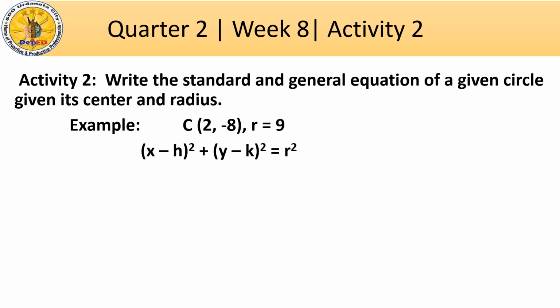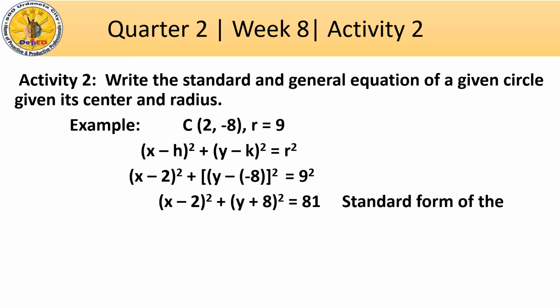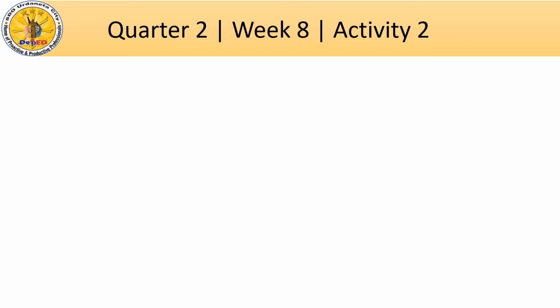Using your standard form, by substituting the value of h and k, we have the quantity x minus 2 squared plus the quantity y minus the quantity negative 8 squared is equal to 9 squared. So we have now x minus 2 squared plus the quantity y plus 8 squared is equal to 81, and that is the standard form of the equation.